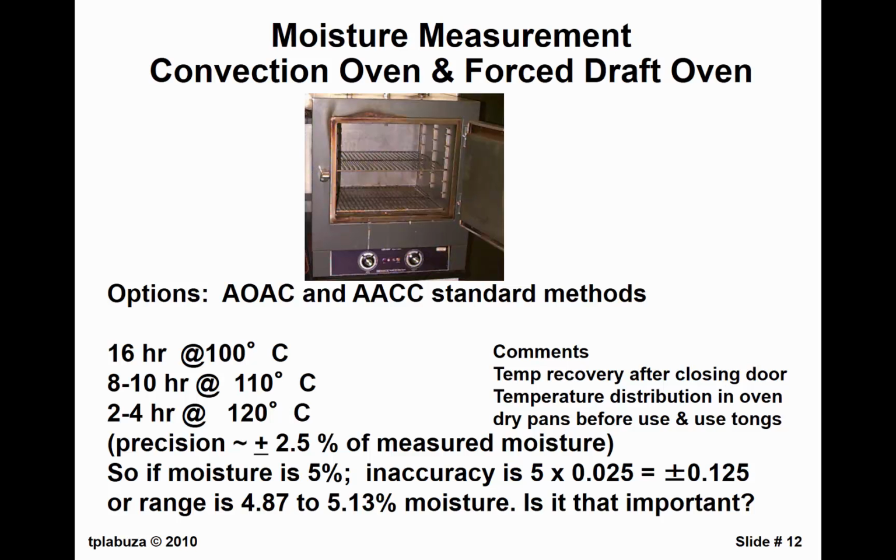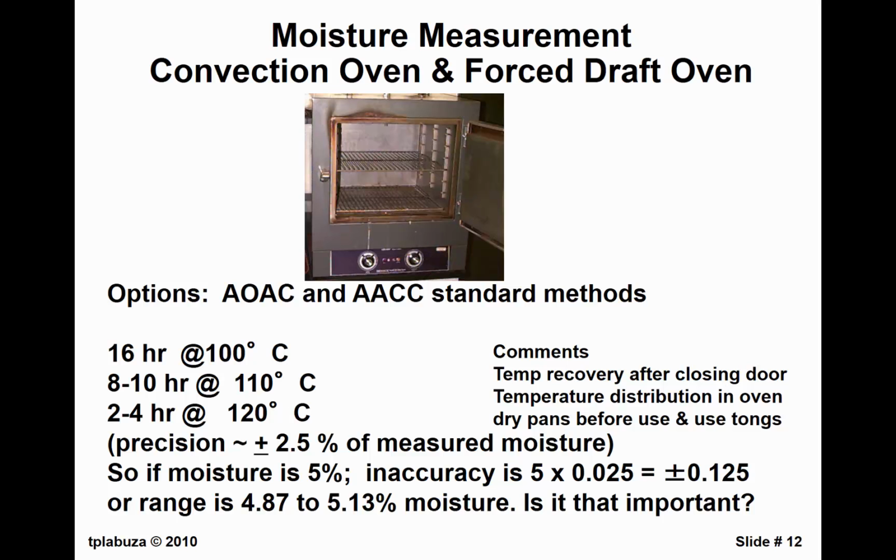So, for example, for a given food area, they will have different time temperatures that you should use. Usually, you have to look for that category of food to find out which moisture measurement and what the time and temperature is. That way everybody does it the same way.